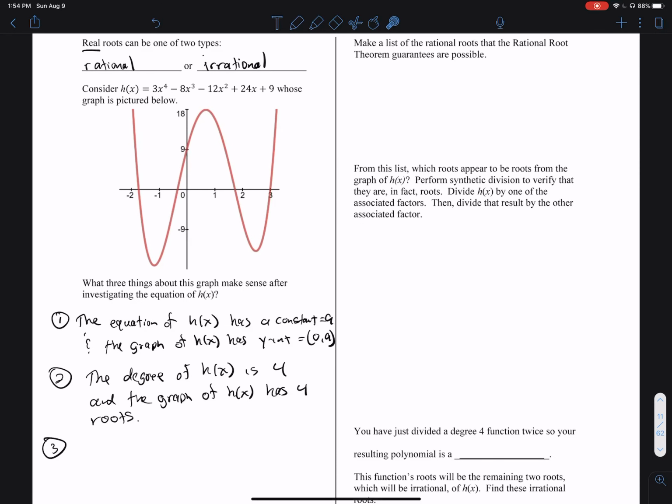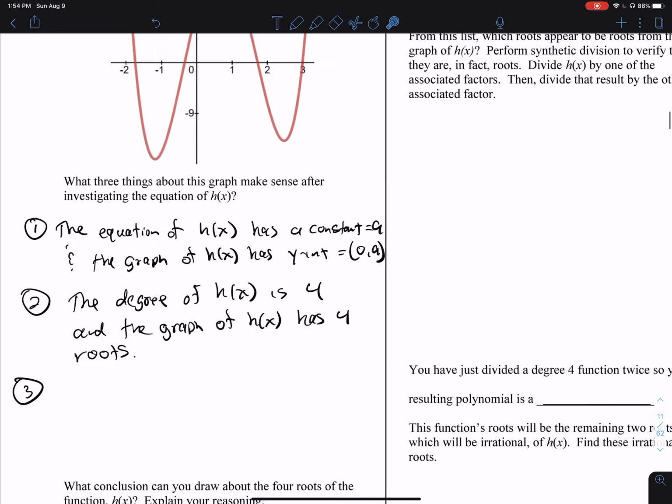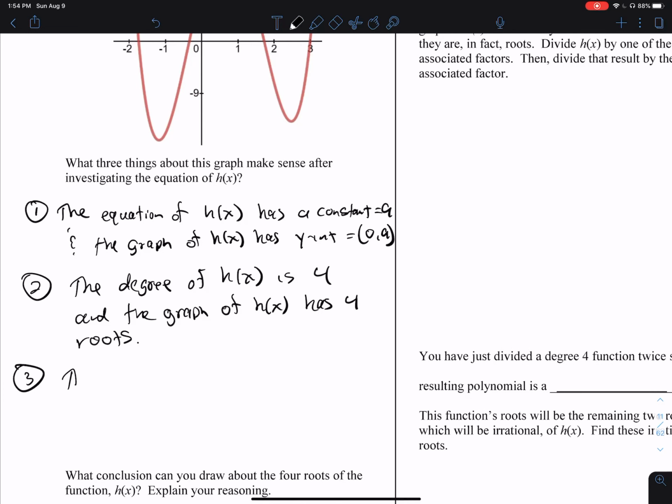Third thing that makes sense, since the leading term is even degree and the leading coefficient is positive, this graph is going to rise on the left and the right. So I want to say that h of x is even degree with positive lead coefficient.